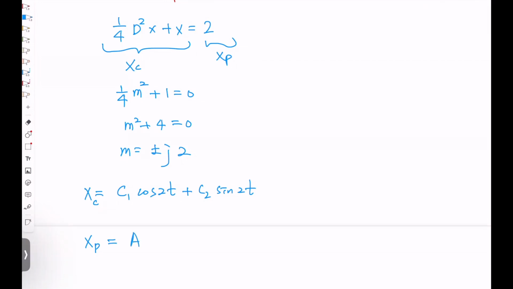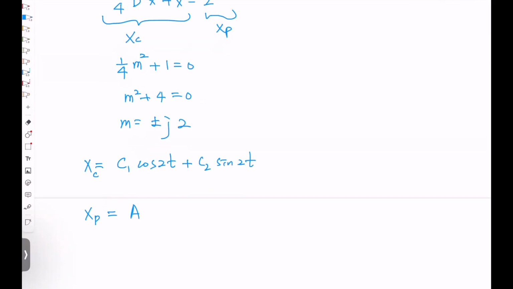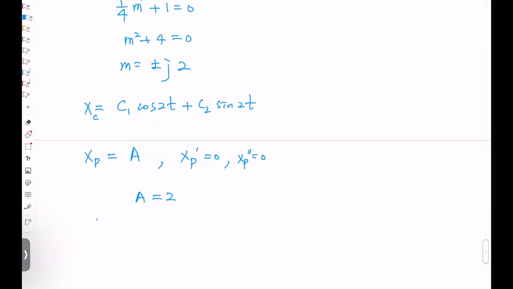So we're going to let that equal A. And then on the left-hand side, we have a double prime, so we need xp prime equals 0, xp double prime equals 0. The x double prime is going to go away, and A equals 2. Therefore, x equals xc plus xp: c1 cosine 2t plus c2 sine 2t plus xp, which is just 2.